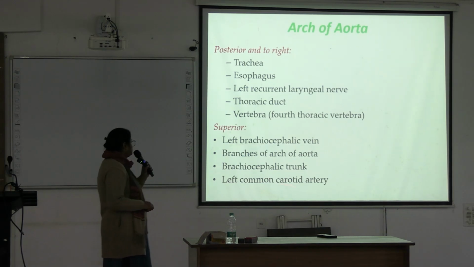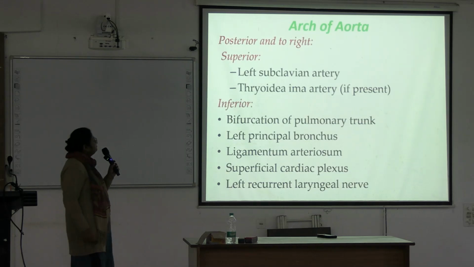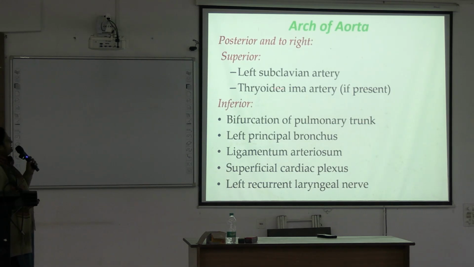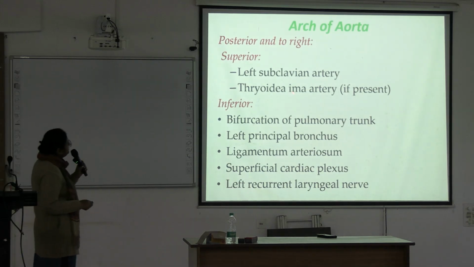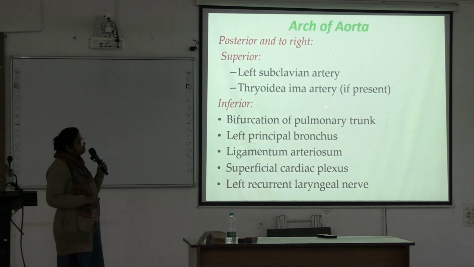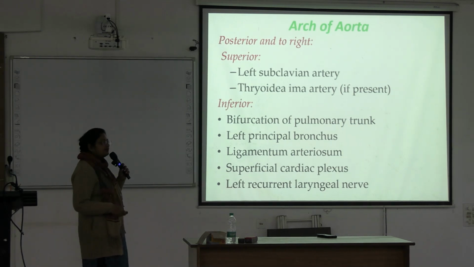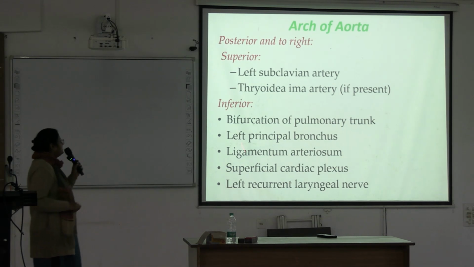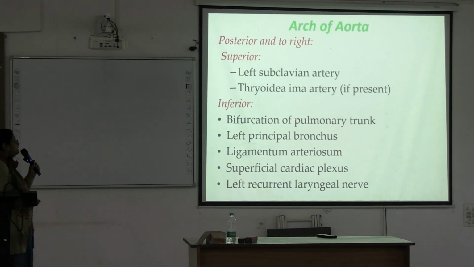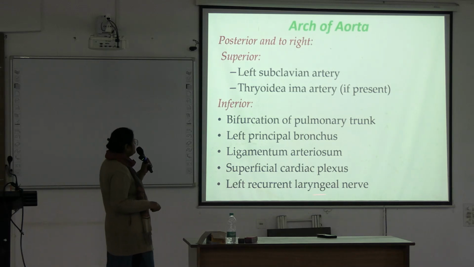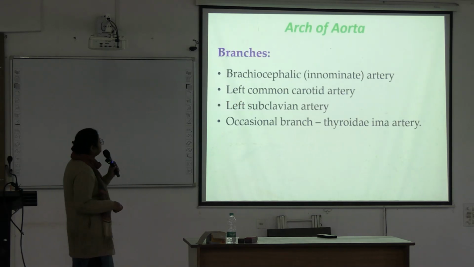Superiorly also lies the thyroidea ima artery if it is present. This is going to supply the isthmus of the thyroid gland, a direct branch from the arch of aorta. And inferiorly lies the bifurcation of pulmonary trunk, left principal bronchus, ligamentum arteriosum, superficial cardiac plexus, left recurrent laryngeal nerve.